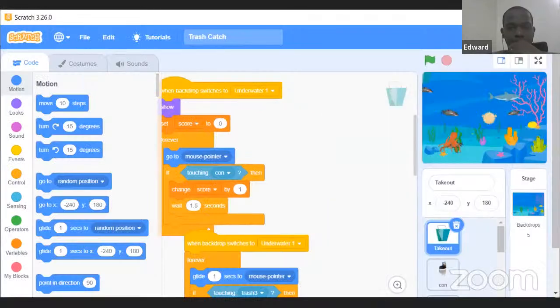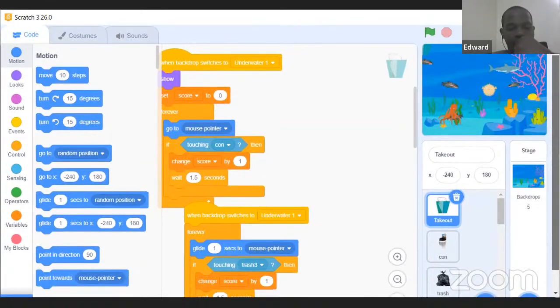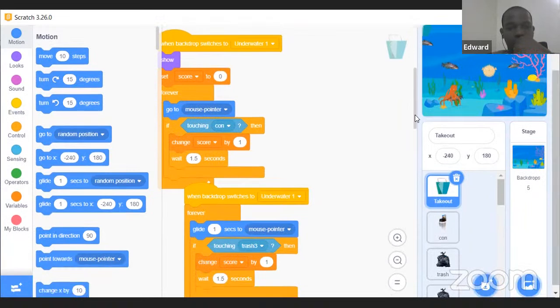Could you share with us what's in your code? Can you help us understand what's in here?